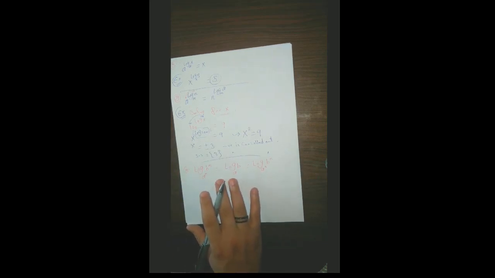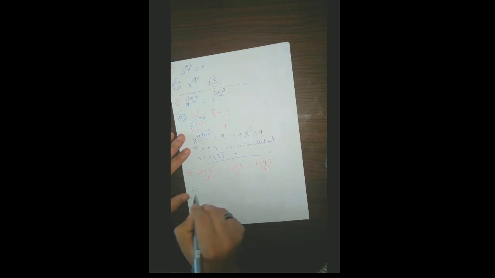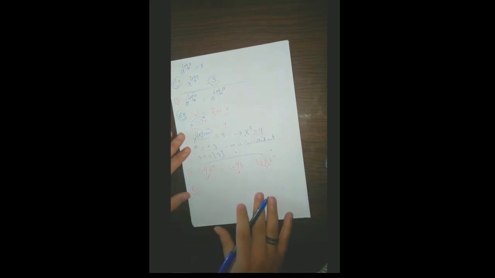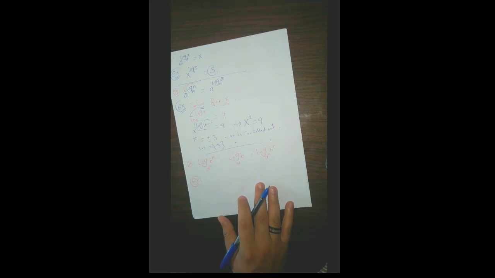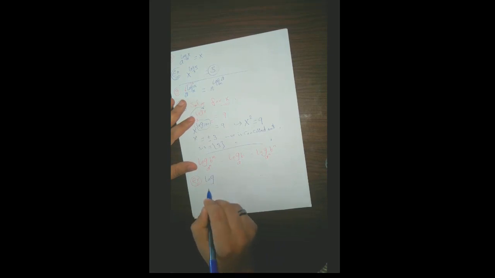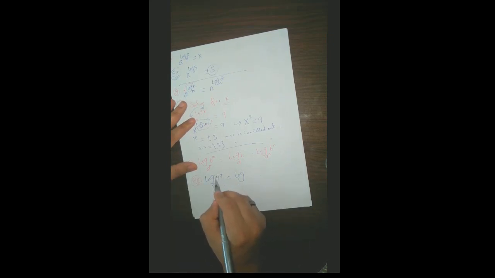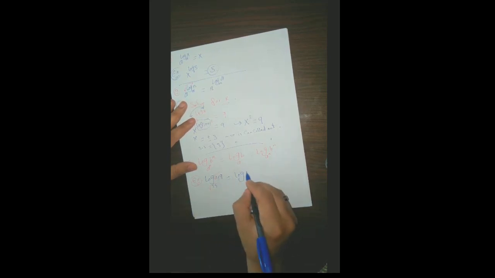Example: log 49 to the base 25 is the same as log, and if I take the square root of both these numbers, here a square root and here a square root, then I get log 7 to the base 5.